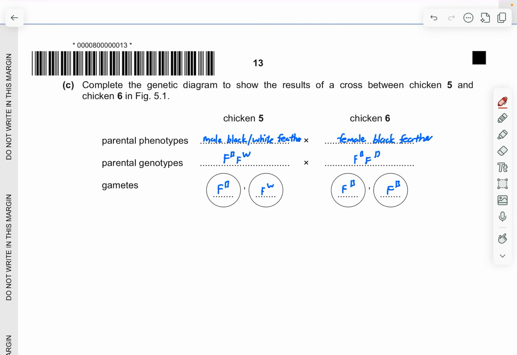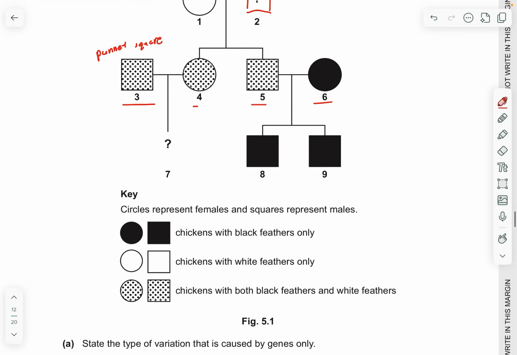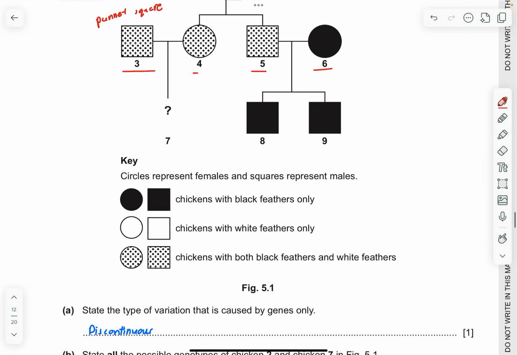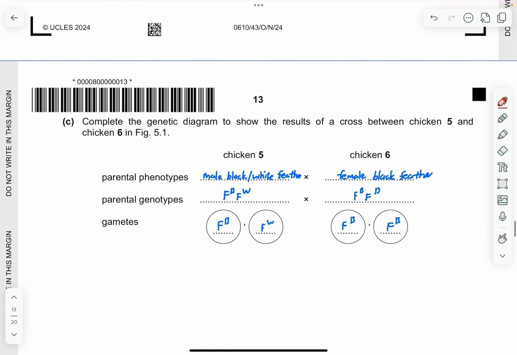Okay, so complete the genetic diagram to show the results between chicken 5 and chicken 6. First, for chicken 5 and chicken 6, they ask you for the phenotype. So get the phenotype from this. They're giving you the key, so just copy it inside here. And the genotype is always the genetic makeup, so it's FB FW. And for gametes, you just separate them. Remember, you're going to separate the 2 alleles, one gives one, one gives another.